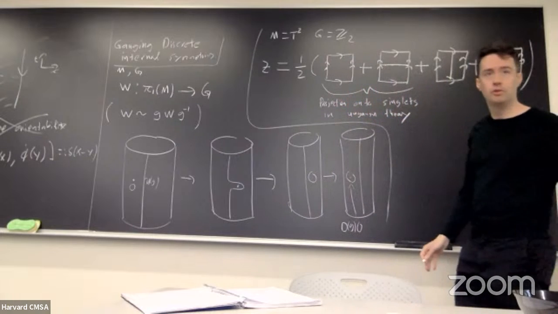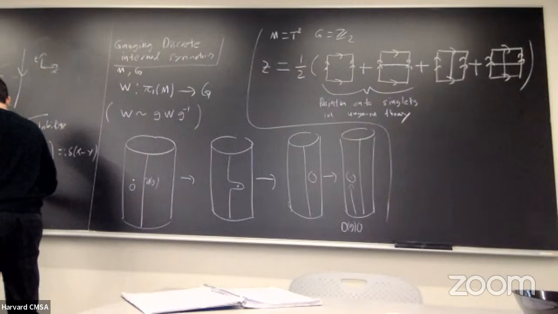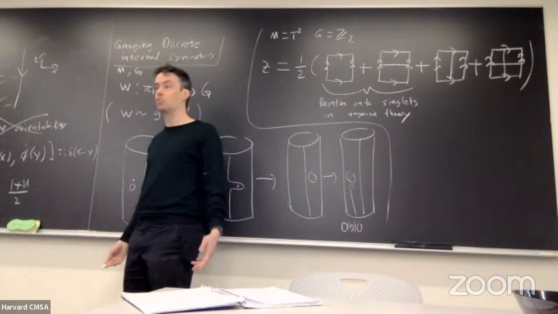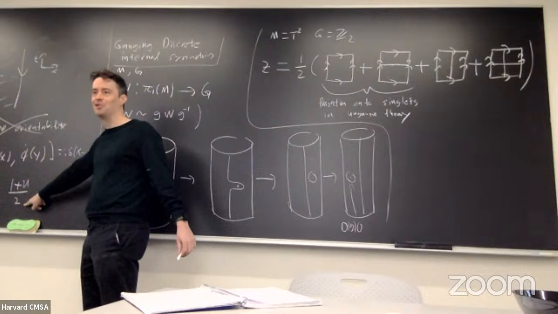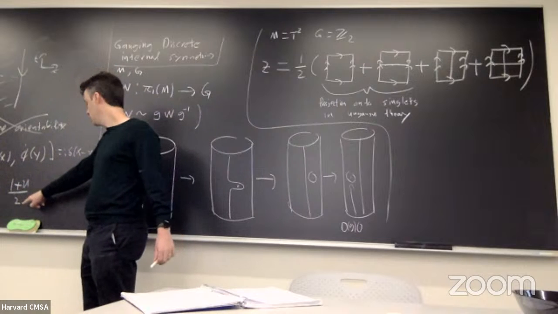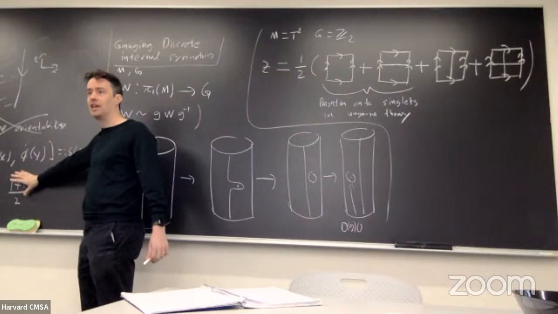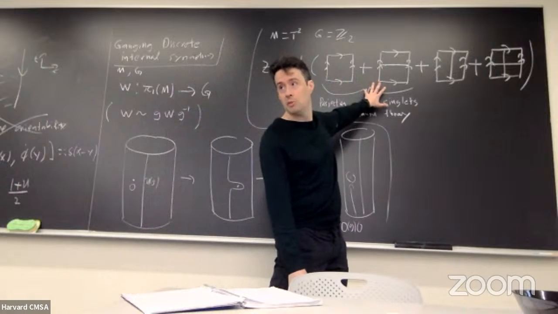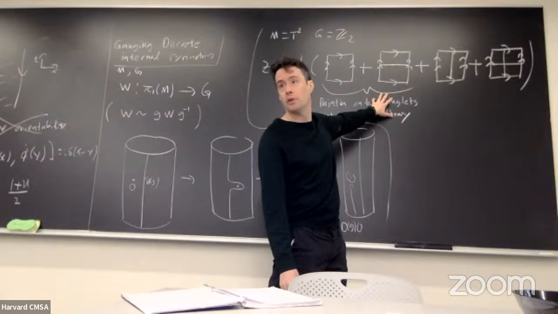So if you have a Z2 symmetry, then the operator (1+U)/2 is a projection onto the states of charge 1, right? Because if a state has charge 1, I get (1+1)/2, which is 1. And if I have a state of charge minus 1, then I get 0. So this is just inserting, from the Hilbert space point of view, this projection onto singlets into the Hilbert space that we started with.